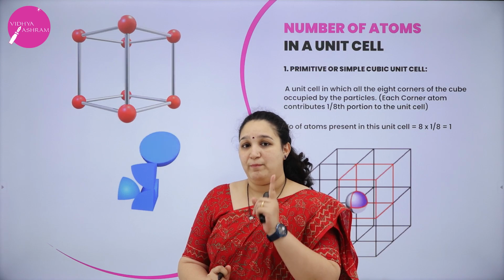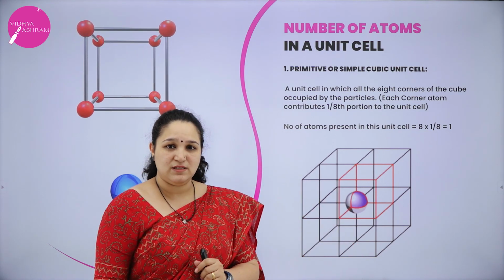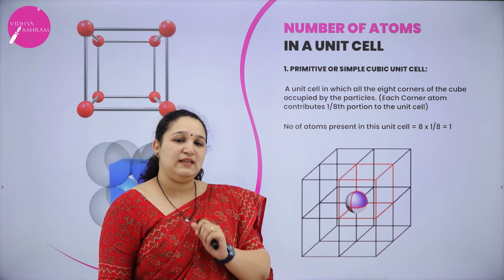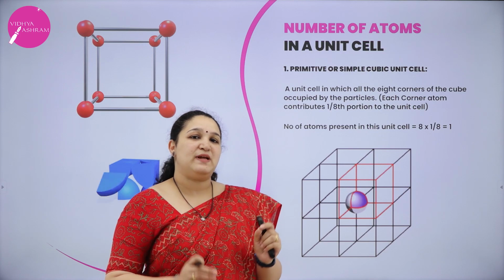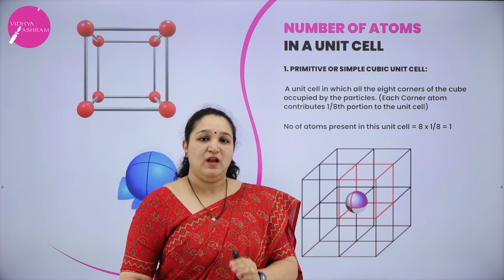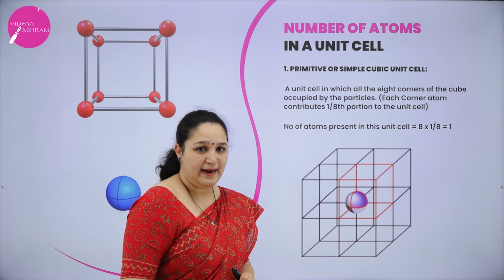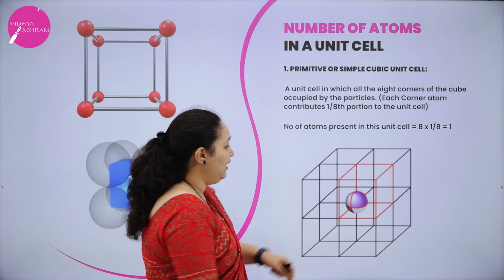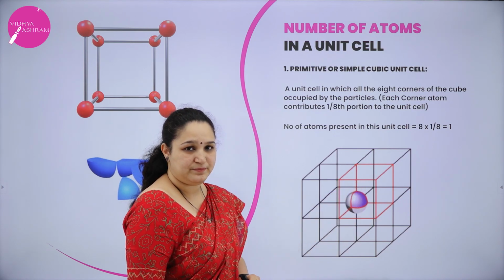No, because if you carefully observe the crystal lattice, you can see that every atom which is present in the corner is shared by many unit cells. For example, I shall take this particular atom in the corner of my unit cell, depicted in red.